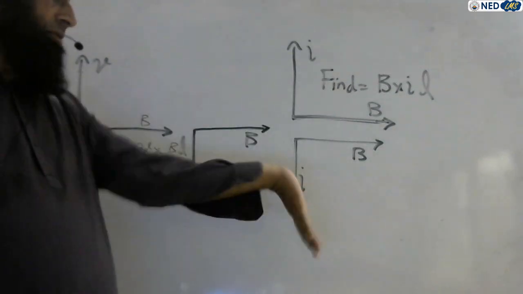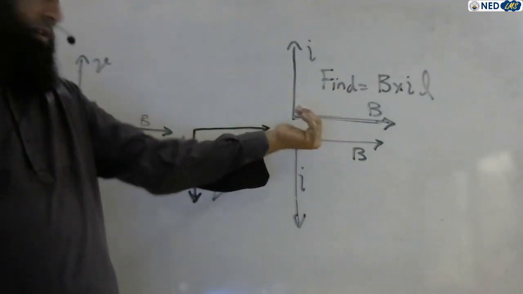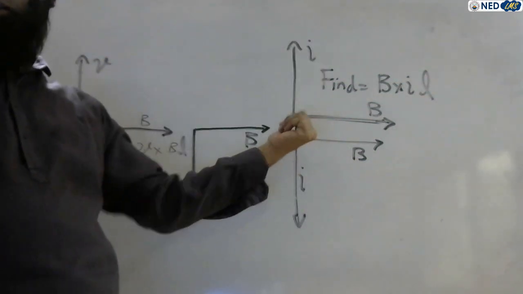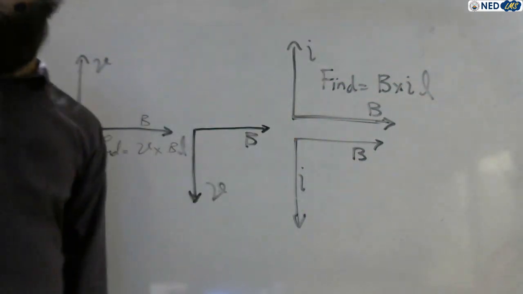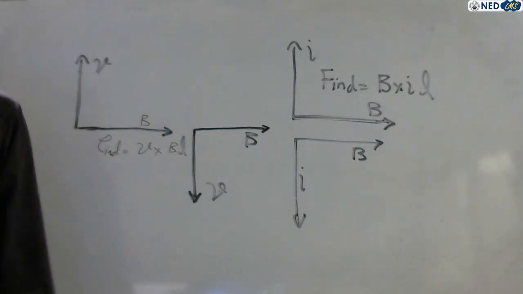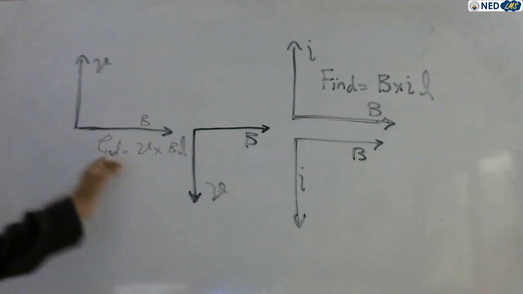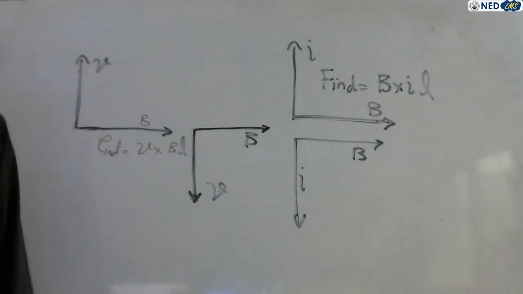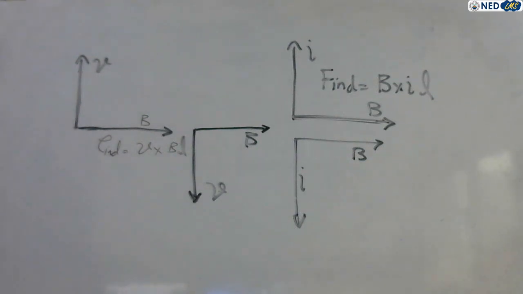When current is downward, see, in this case it was outward, and in this case it was inward, right? I hope you understand. This is a very clear understanding for the direction of voltage induced or current, the force induced direction, or the direction of motion of the motor.